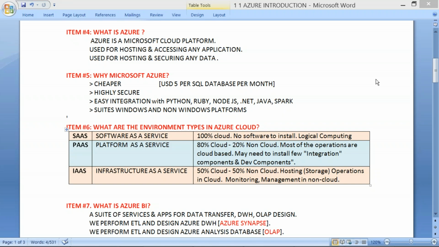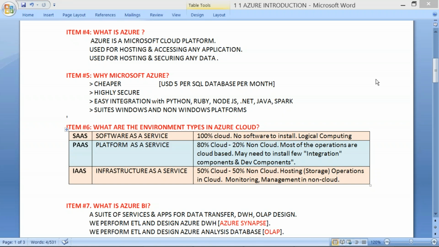Now what's the difference between these? SaaS, software as a service. It is 100% cloud. The software as a service, it is a 100% cloud model. So here in SaaS, we need not install any software.